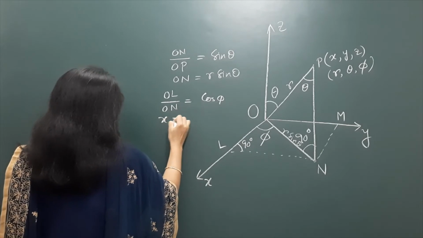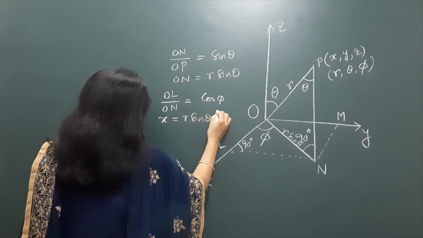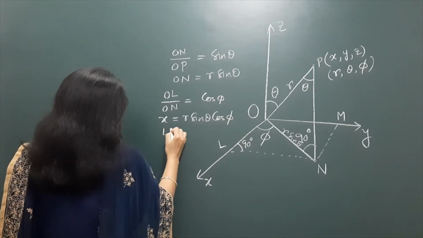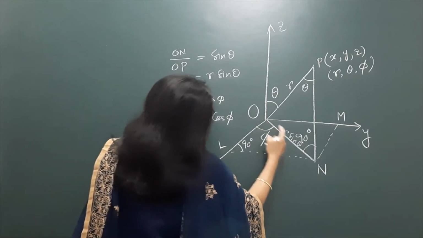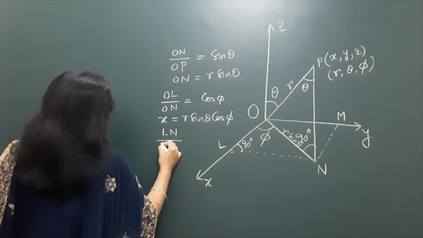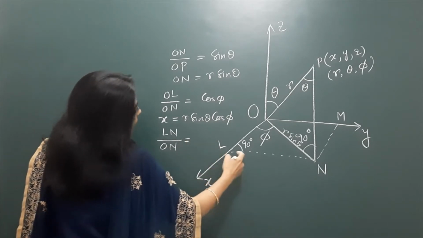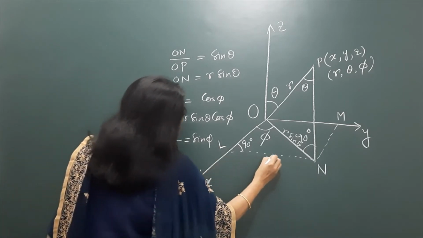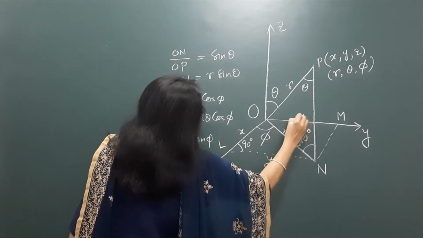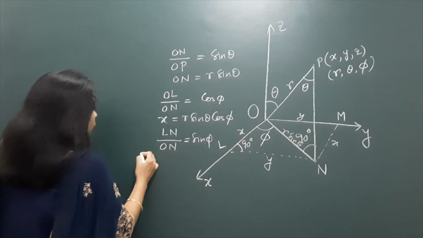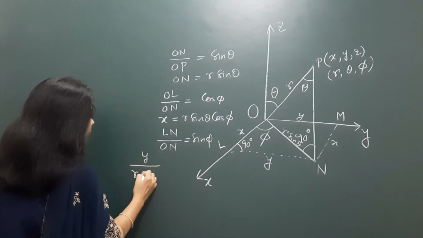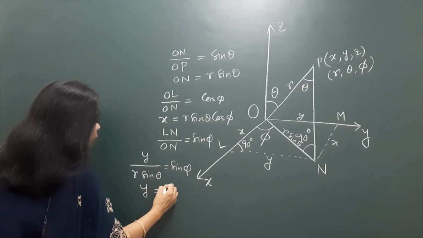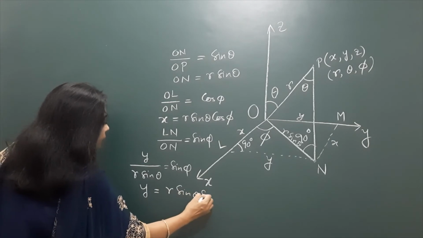So x equals R sin theta cos phi. And LN by ON is perpendicular by hypotenuse, which is sin phi, and LN is y. So y by R sin theta is sin phi. So y equals R sin theta sin phi.